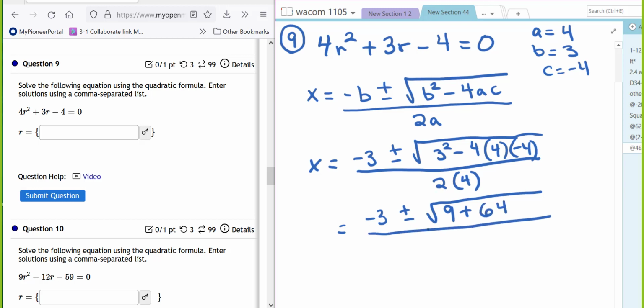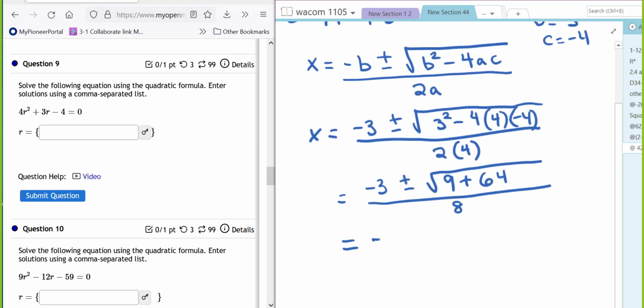And it's okay to go ahead and multiply the denominator. It's an 8. And I need to clean up under here. So -3 plus or minus, and this gives me 73. I don't think that 73 will simplify. It's not even, and it doesn't end in 0 or 5.